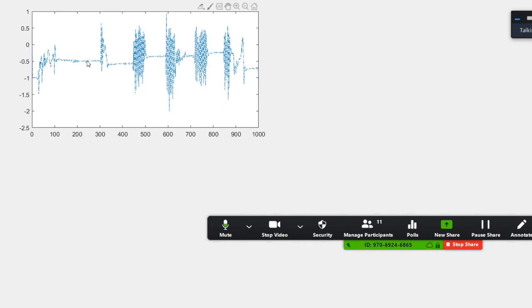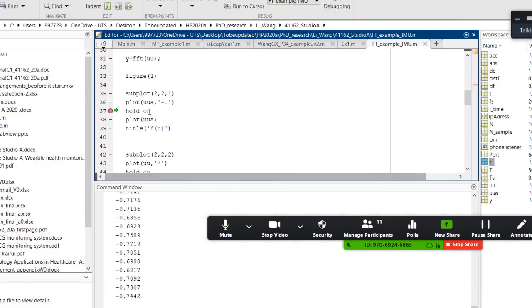So you can see this one uses dot points to draw this figure, and then you can change it to other things as well. So this is a pattern of the figure, and then you hold on because you want to plot another figure. So you hold on, and then you draw another one. The other one is actually the same.